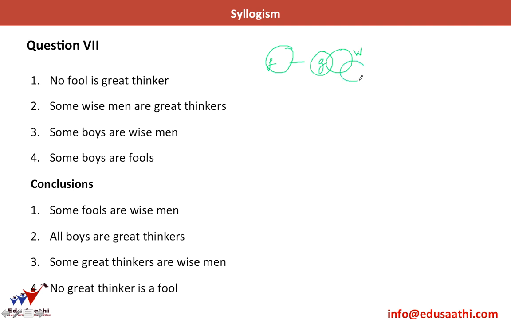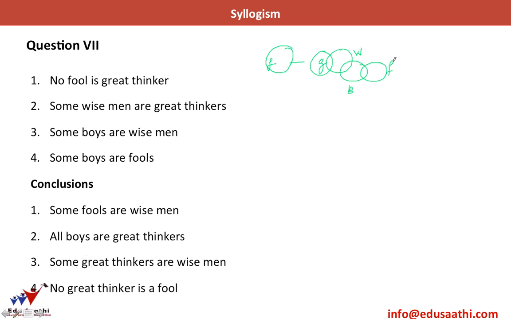So I'll have some boys here, and I have made an intersection with wise men. Now remember, I have not made any intersection with great thinkers because I do not know the relationship between great thinkers and boys. So I will not make an intersection. Some boys are fools. So again, I will draw something like this, and this shows that some boys are fools.